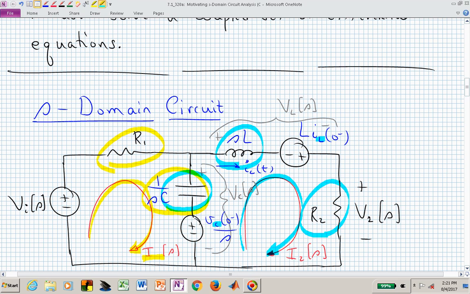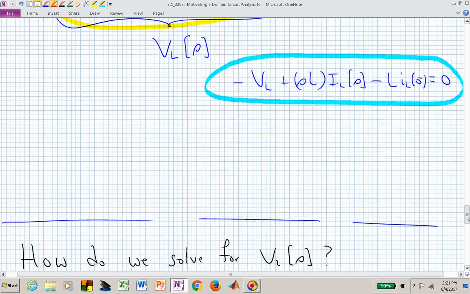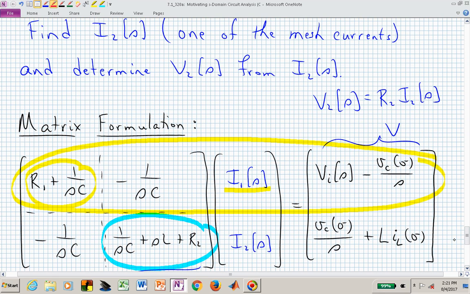By shared, I mean that it is seen or touched by I sub 1 and I sub 2. And that means that in our impedance matrix, we would have a minus 1 over SC in both the 1, 2 entry and the 2, 1 entry.